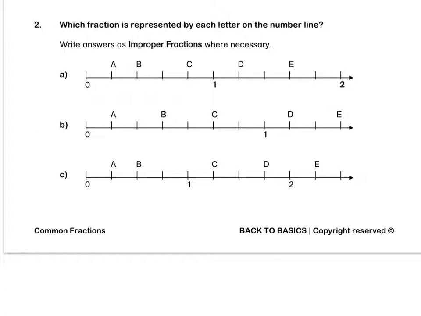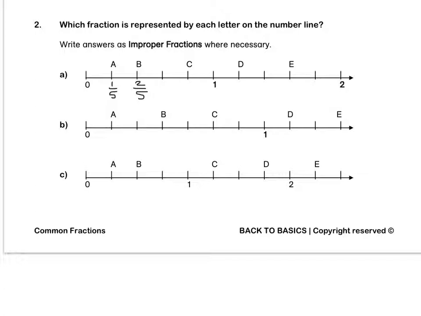Question 2. Which fraction is represented by each letter on the number line? Write answers as improper fractions where necessary. Let's look at A. From 0 to 1, we have divided the whole into 1, 2, 3, 4, 5 equal parts. Therefore, we are working with fifths.